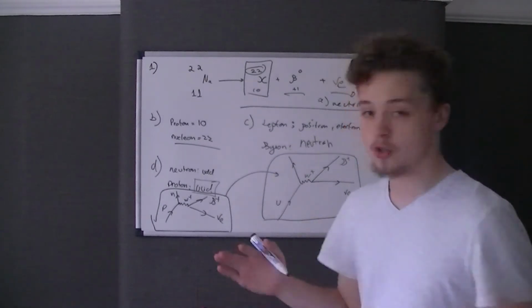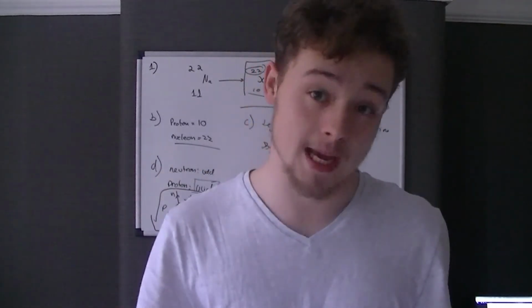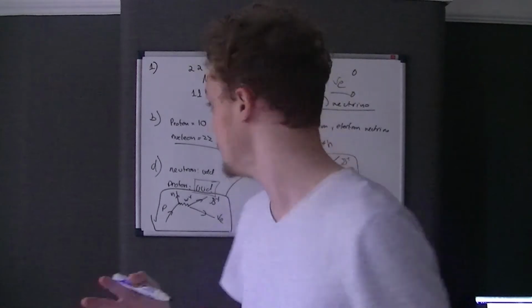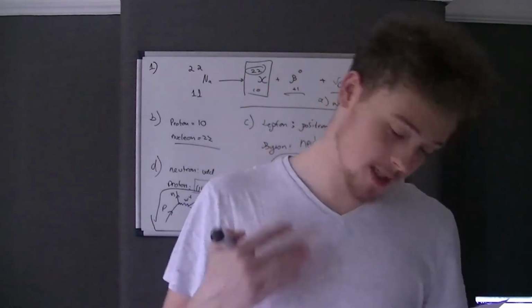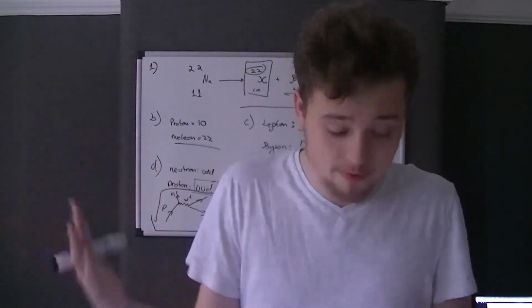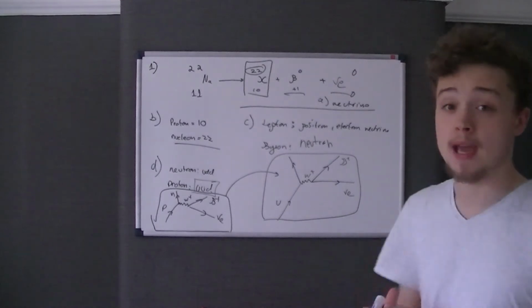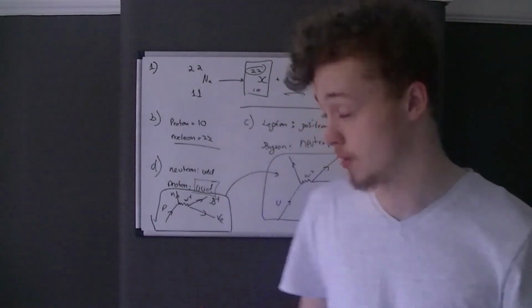What it's saying here is draw the beta plus decay Feynman diagram, but in terms of the quark changes. It doesn't say that, it just simply says copy the following Feynman diagram. So it is really quite a nasty question, personally, if you're not too familiar with Feynman diagrams.